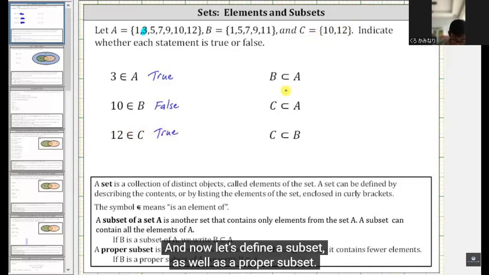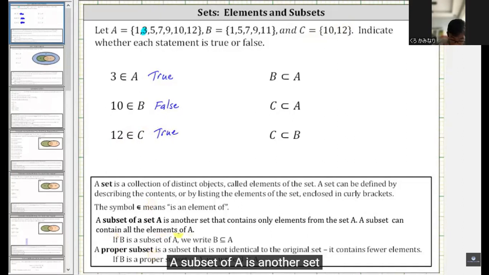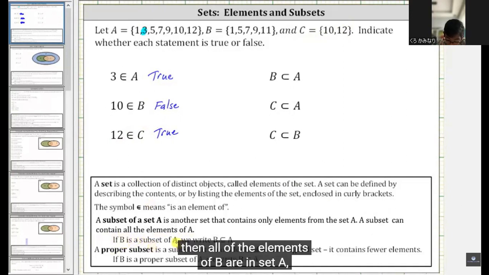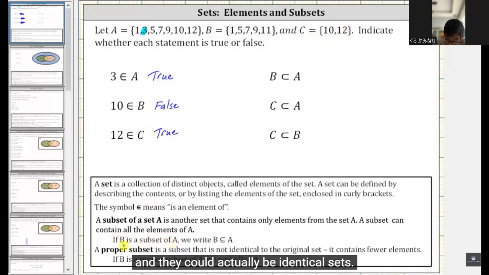And now let's define a subset as well as a proper subset. A subset of A is another set that contains only elements from set A. A subset can contain all elements of A. So if B is a subset of A, then all of the elements of B are in set A, and they could actually be identical sets.